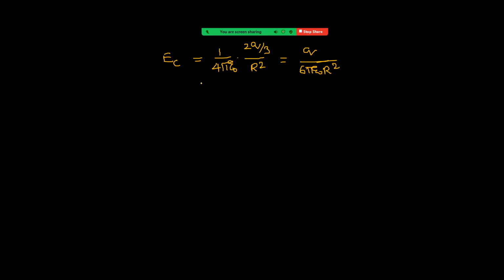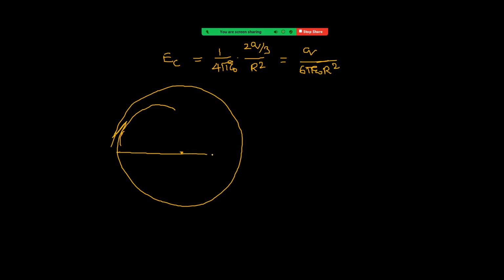Right. Next they're asking what value is given. We got here 6, but the given value is 8. So the first option is not correct. Next we have to focus on the force between B and C. I'll make the diagram once again here. Approximately a circle, this is now the center. And where is C?